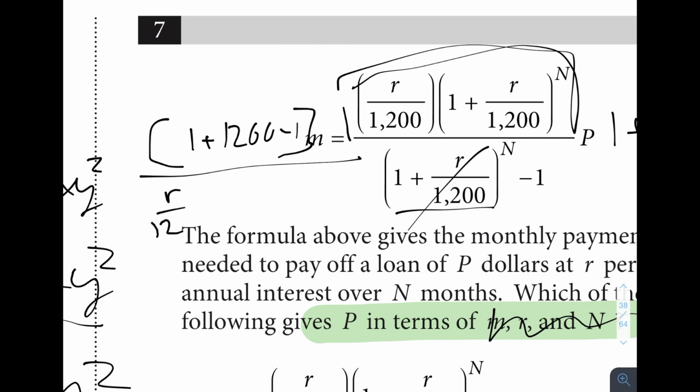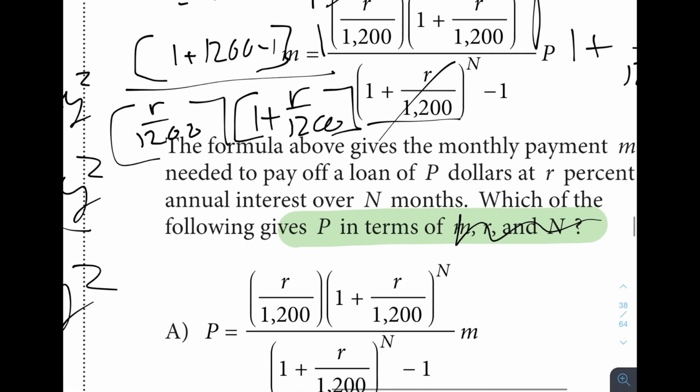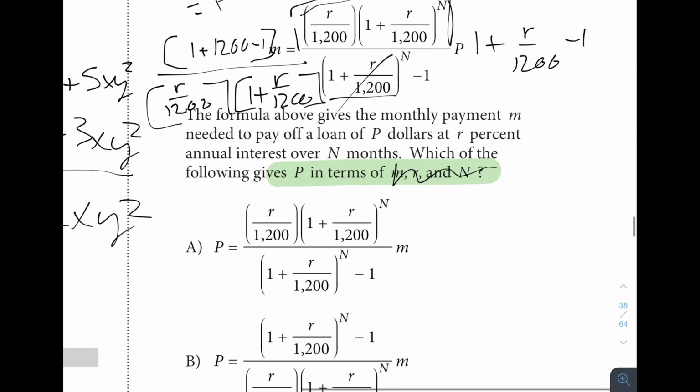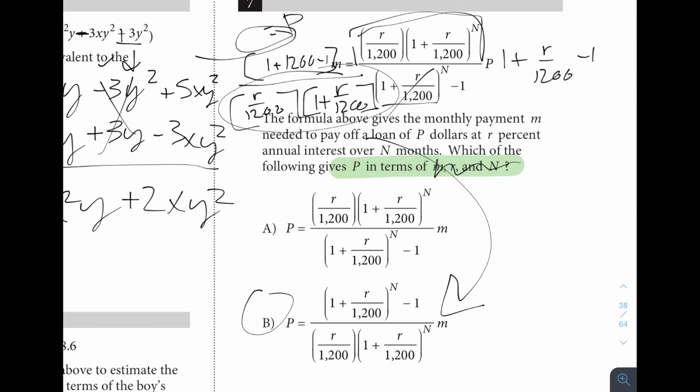So r over 1200, 1 plus r over 1200. And that's going to be equal to p by itself. Here you can see that B matches it with this on top and this on top and this on bottom. It's equal to that.